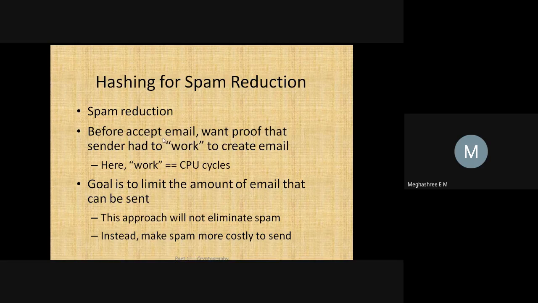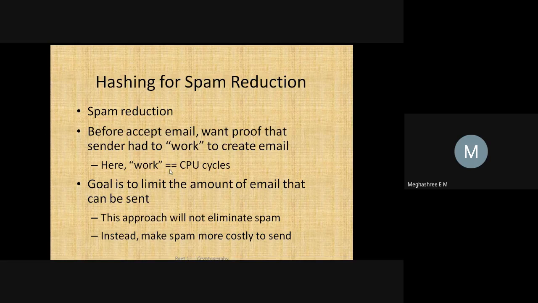Now the question is, how do you measure that the person sending the mail to her used system resources? How do you verify it? Well, she looks at the CPU cycles that were used to create the actual mail that was sent by the sender to Alice.